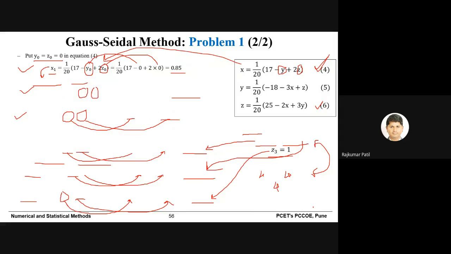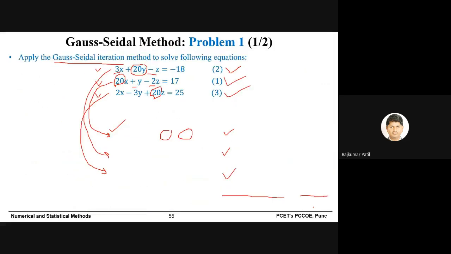Once you get the values of x, y and z, you can put these values in equations number 2, 3 and 1, on the left side, and check whether you are getting the right side value or not. For all equations you must get the values which are there on the right side.